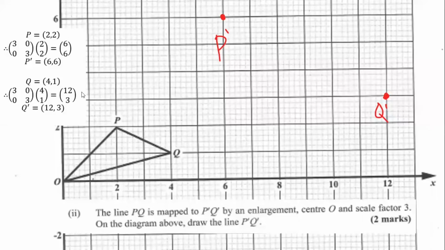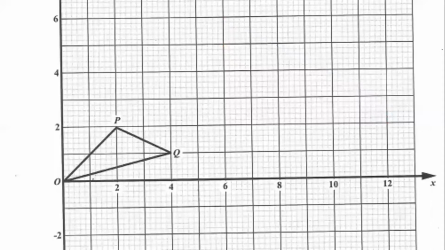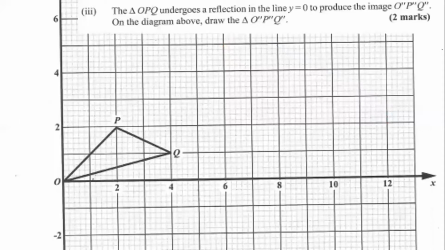So when you do that, we now have the points for P prime and Q prime and can construct the new line which they asked us for and show our enlargement. And that would be it. And that is your simple 2 marks.